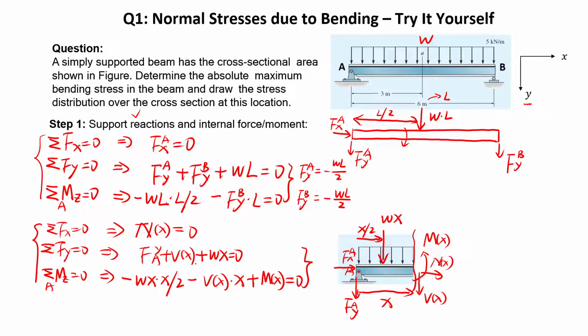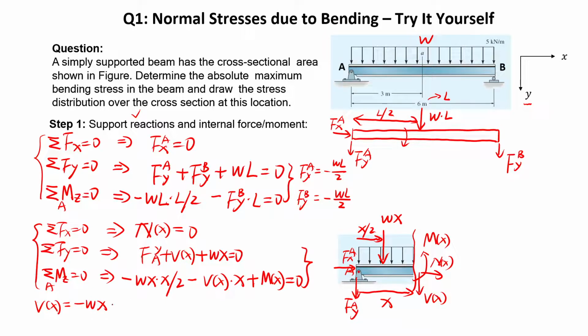So now you need to use these two equations to work out Vx and Mx. Let's work out Vx first. Vx in this case is equal to minus wx and minus Fay.